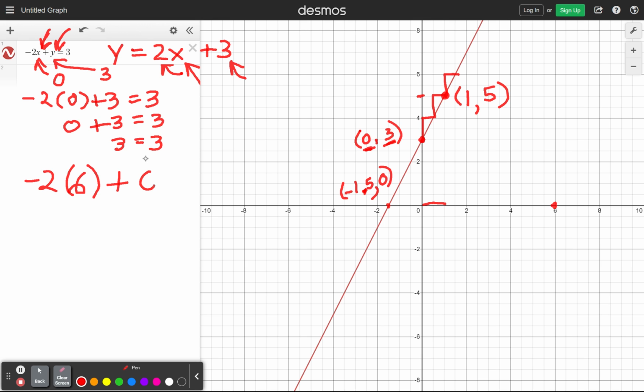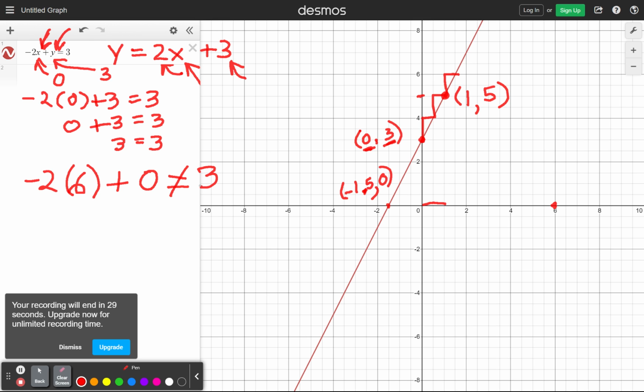Negative 12 plus 0 is negative 12, and that, of course, is not equal to 3. So you can see any points that are not on the line will not make this equation true.